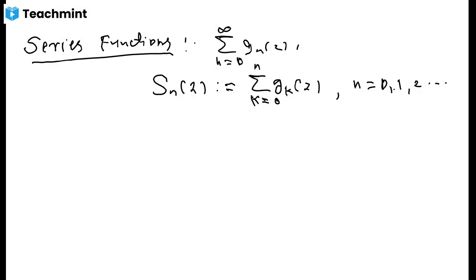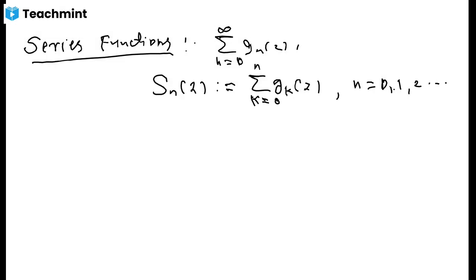So given a series of functions, you associate a sequence of functions with it, and the convergence depends upon that sequence, which is nothing but the sequence of partial sums of that series.